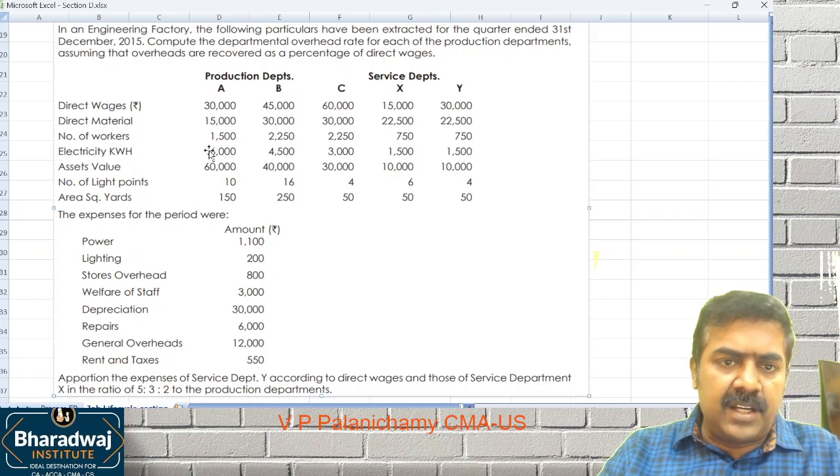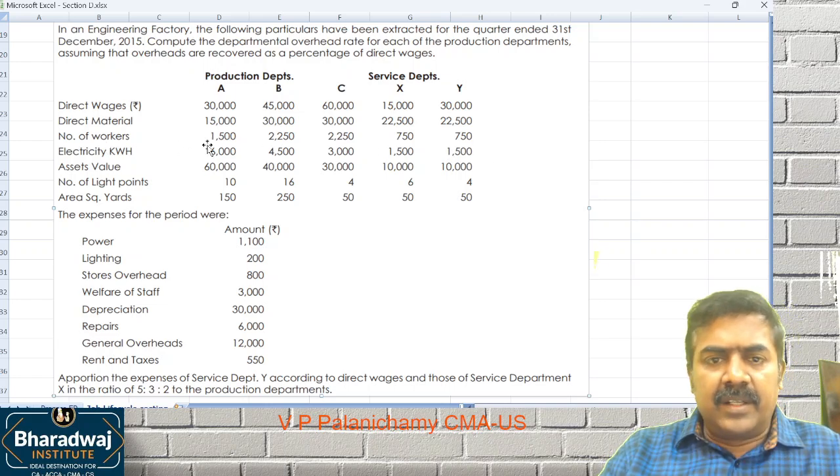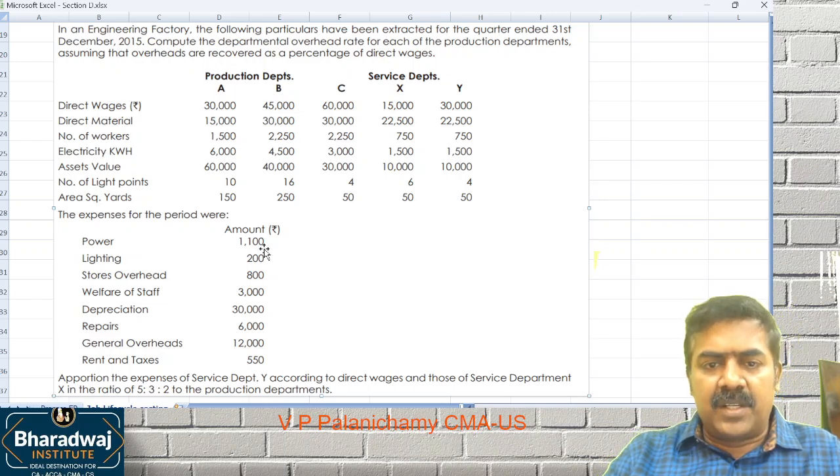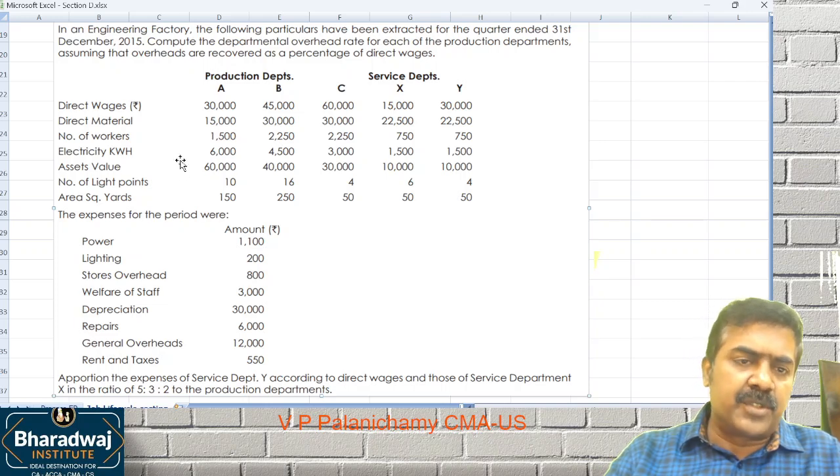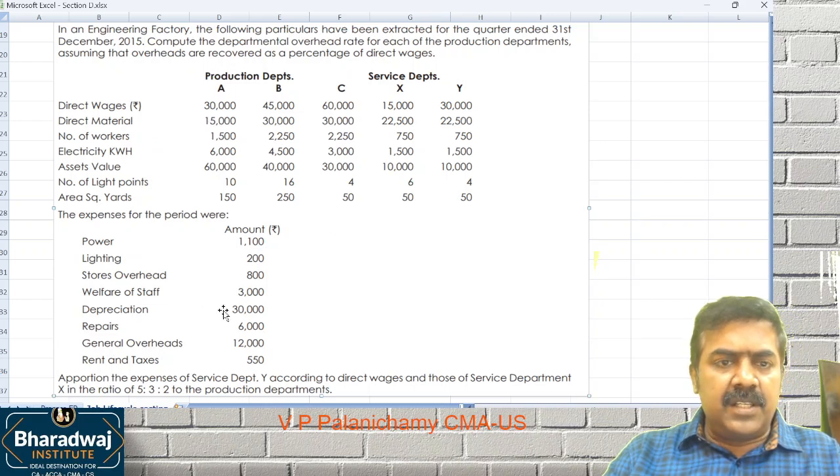Yes, electricity kilowatt is given, nothing but energy consumption in kilowatts. Lighting can be apportioned based on number of light points. Stores overheads based on value of stock, that is material. Depreciation can be based on asset value.